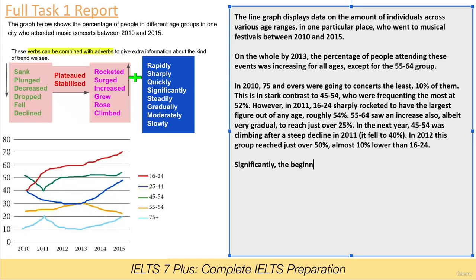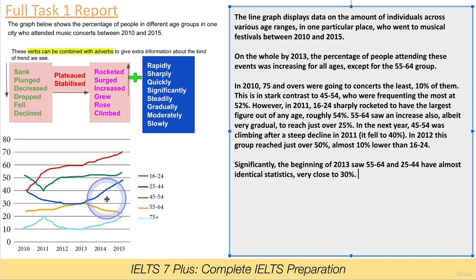The beginning of 2013 saw 55 to 64 and 25 to 44 have almost identical statistics. Very close to 30%.